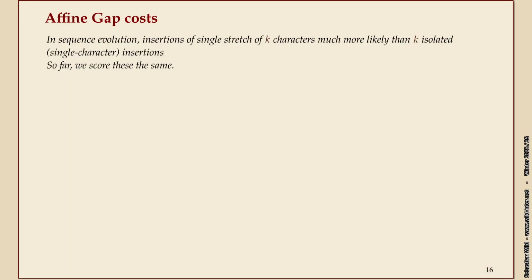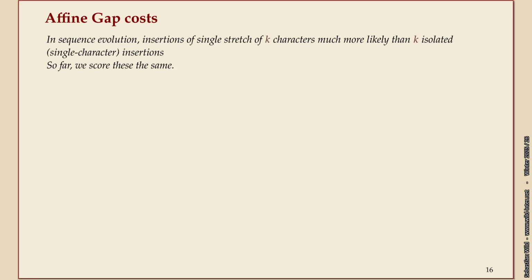The last bit that we want to generalize from the biological motivation is that it doesn't really make sense that insertions and deletions are treated individually. This depends on the exact process of evolution or mutations that you're looking at. But there's several places where it's more likely that you have a consecutive insertion of a number of characters in one spot.